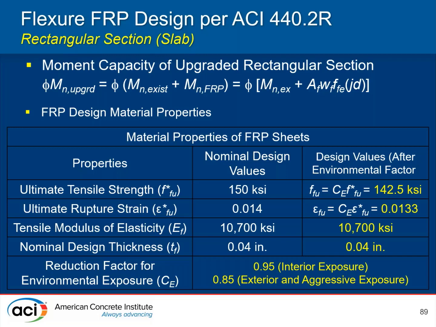What's shown here are the nominal design values and properties in tabular form for the FRP sheets. In accordance with the design from 440.2, there's a reduction factor for environmental exposure, in which 0.95 was used for these interior exposures, applied to both the ultimate tensile strength and the rupture strain.